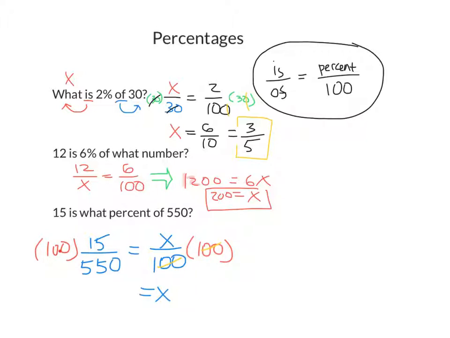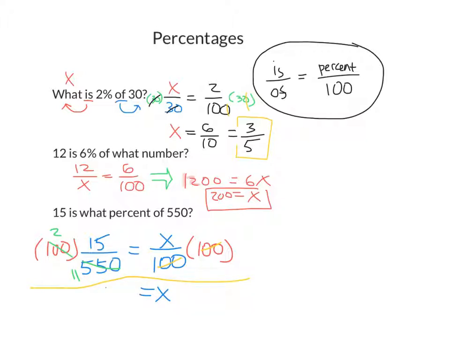So 100 divided by 50 is 2, and 550 divided by 50 is 11. So this turns into a 2, and that turns into 11. All right, you can always verify that later if need be. I'm going to do a little divider here. So that's going to be 2 times 15 is 30 over 11.